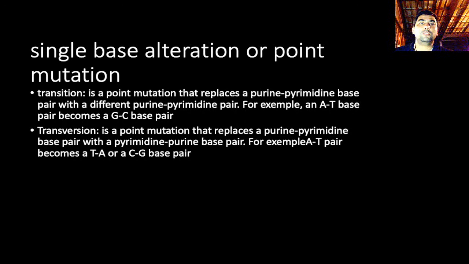Transversion is a point mutation that replaces a purine-pyrimidine base pair with a pyrimidine-purine base pair. For example, an AT pair becomes a TA pair or a CG base pair. Okay? Or another example, a CG base pair becomes an AT base pair or a GC base pair.